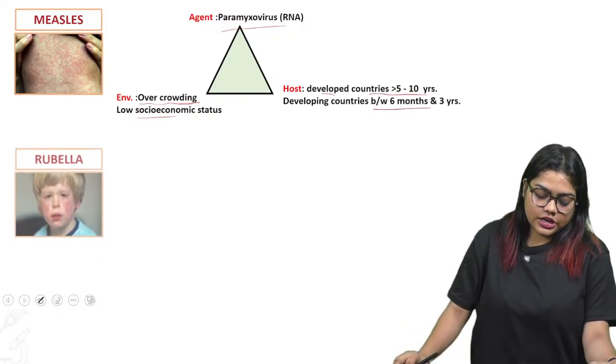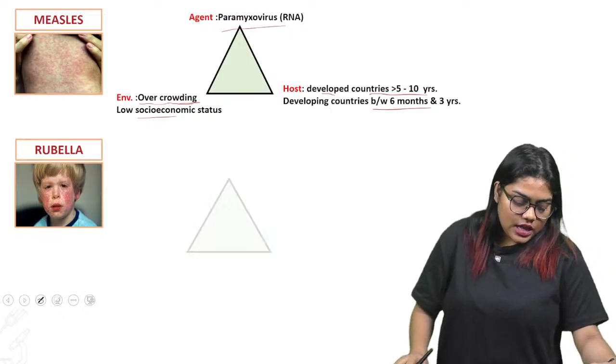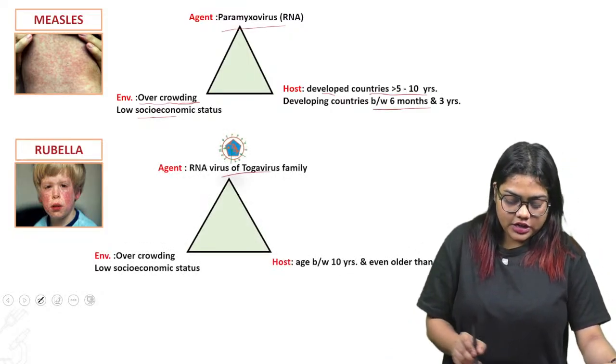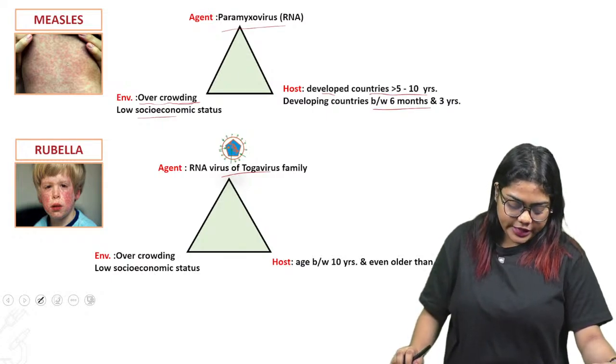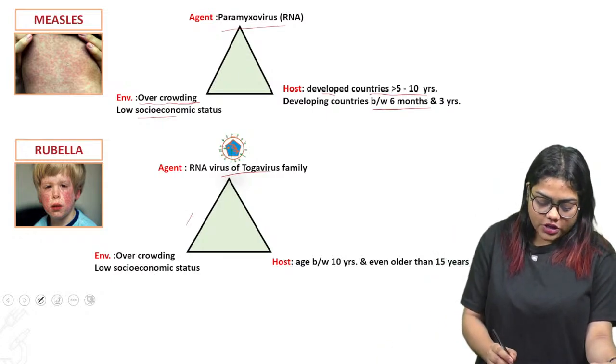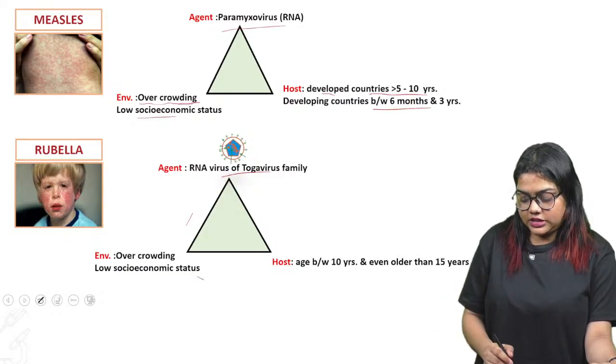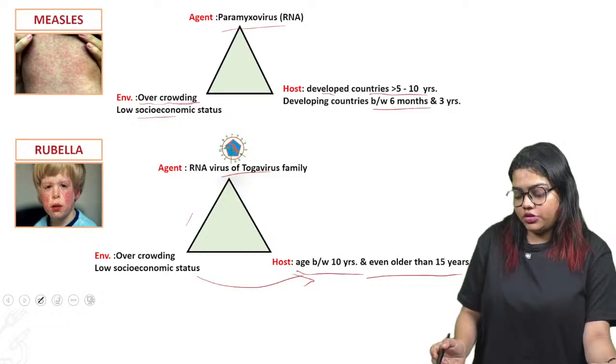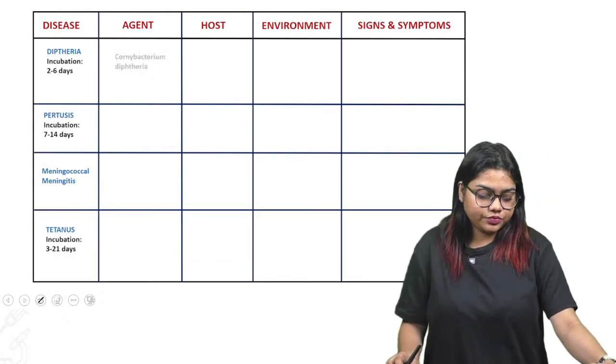Coming to rubella, it is caused by an RNA virus of the togavirus family, and comes from overcrowding or low socioeconomic status. The host affected is below 10 years and even older than 15 years.